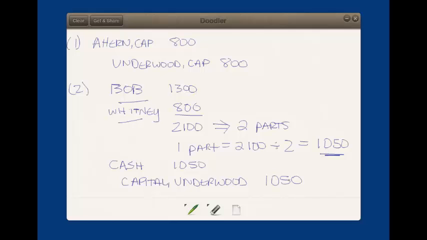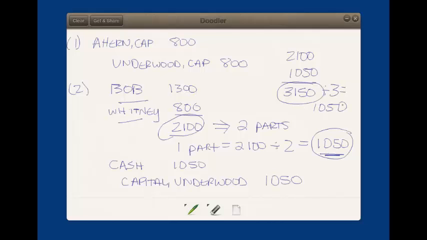So now we have three parts, and the total capital is this 2,100 plus what we just added, 1,050, which equals 3,150. So what's 1/3 of 3,150? If we divide that by 3, you get 1,050. So that's the balance in Underwood's capital account, and so we know we have calculated it correctly.